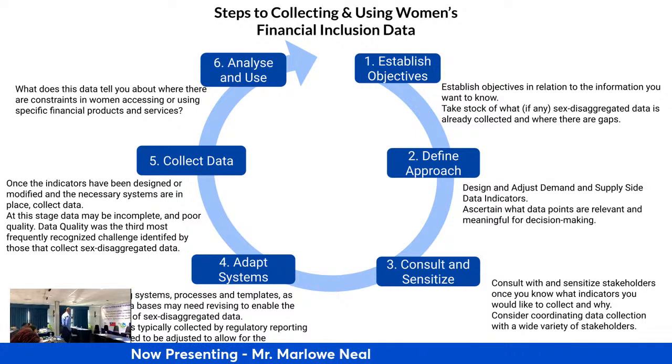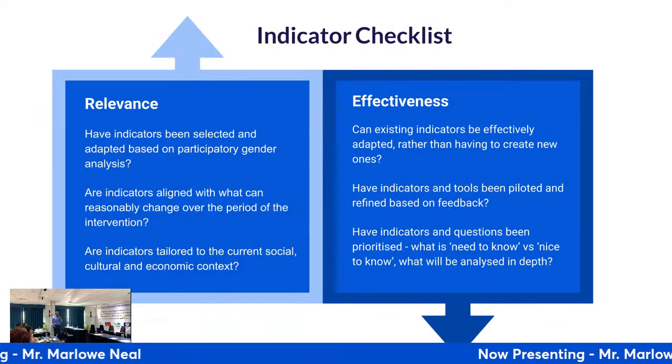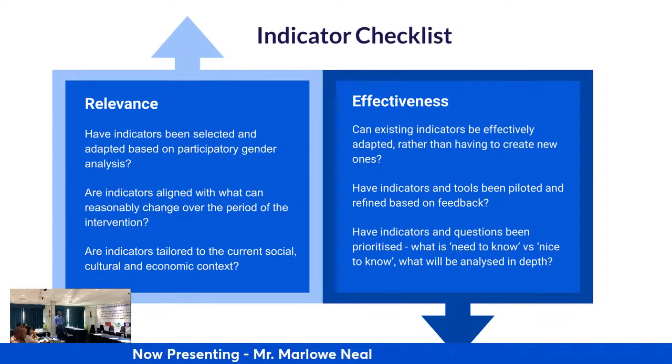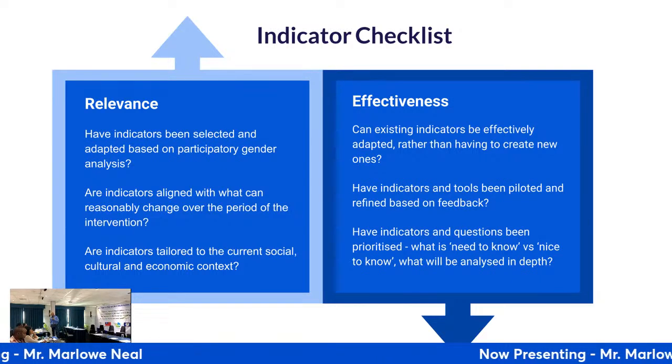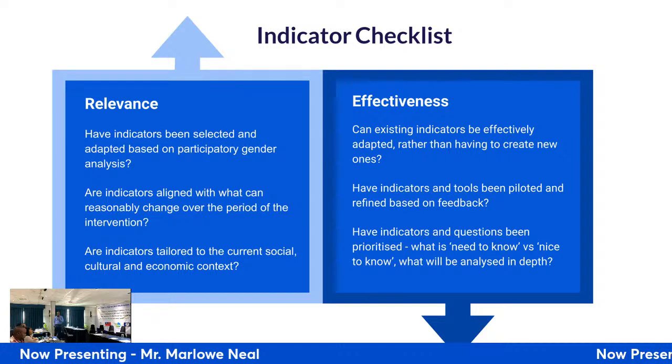Now, in terms of the indicator checklists, and there are 4, you need to determine how relevant the indicators are that we're trying to measure. Have indicators been selected and adapted based on participatory gender analysis? In other words, what is the basis for your selecting those indicators? Are indicators aligned with what can reasonably change over the period of the intervention?